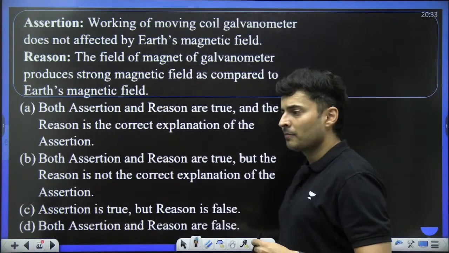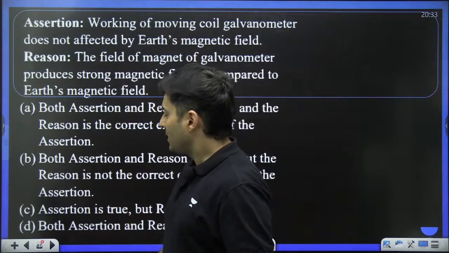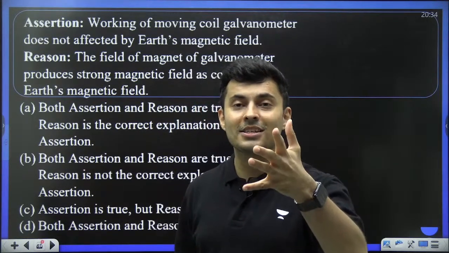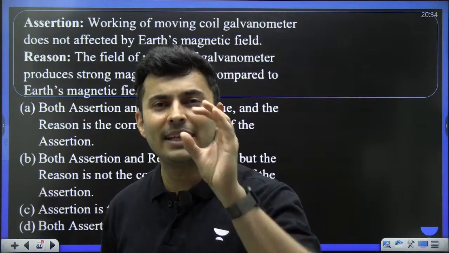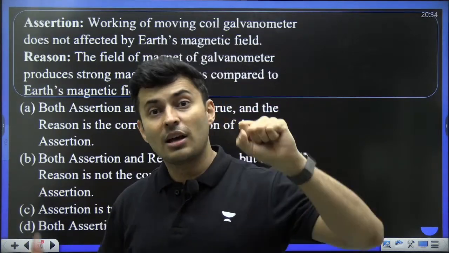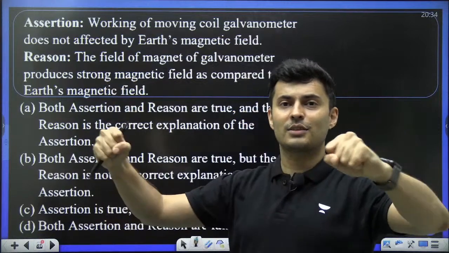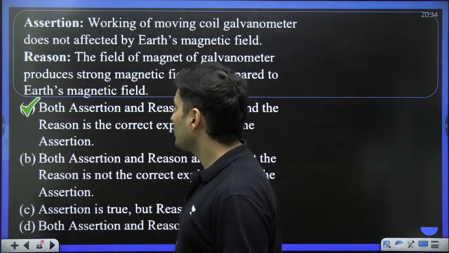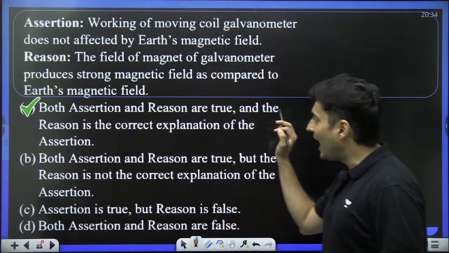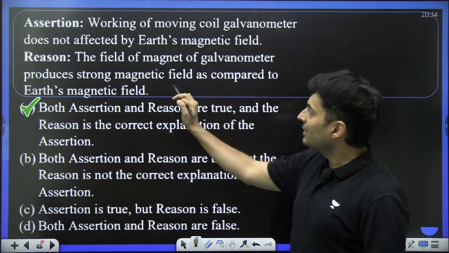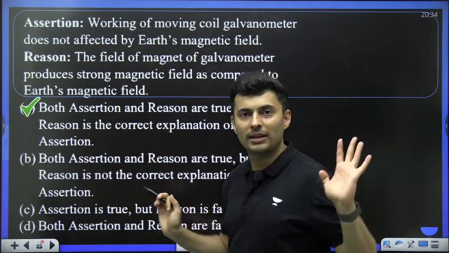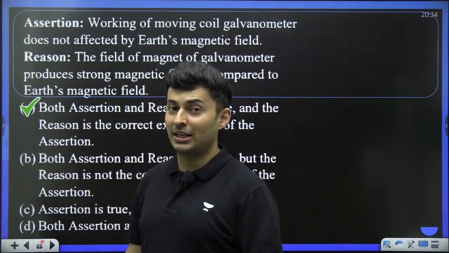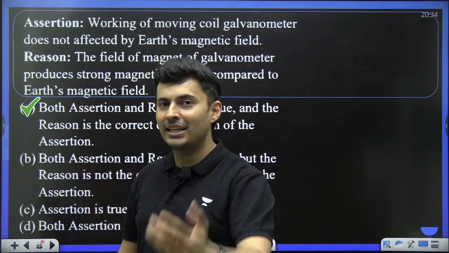Yes, it is not. Why? Because Earth's magnetic field is very weak, and the bar magnets are much stronger than the Earth's field. So Earth has negligible effect on it. Hence both assertion and reason are correct, and the reason explains the assertion properly. That is why you never consider Earth's magnetic field, unless the bar magnet is weak, then it will be a problem.